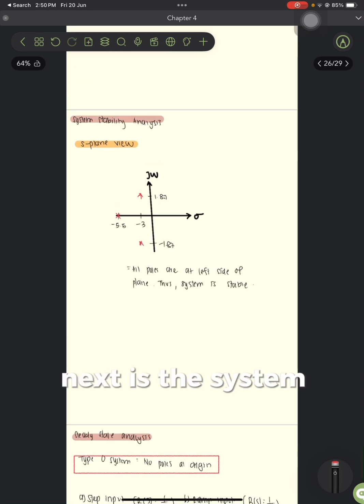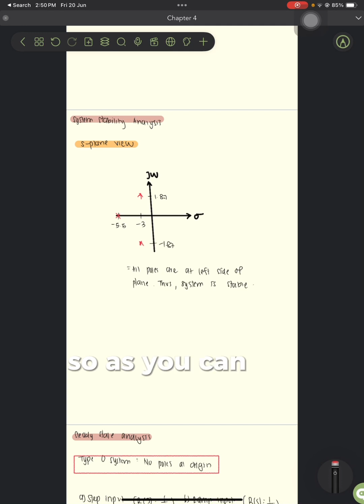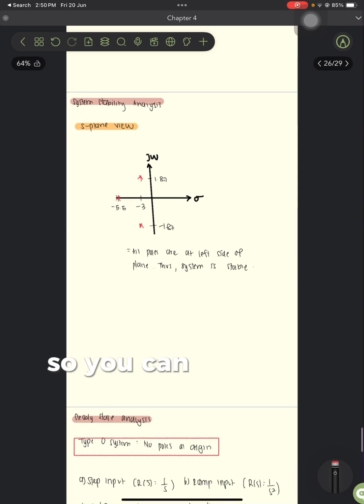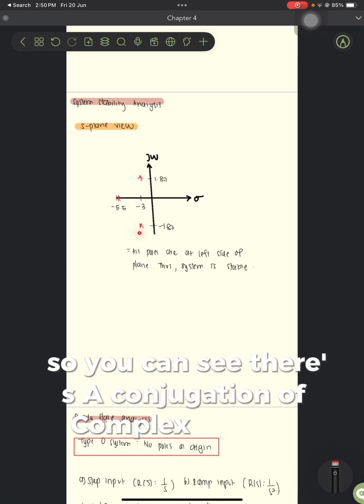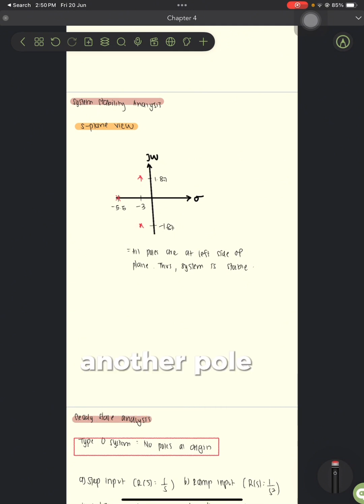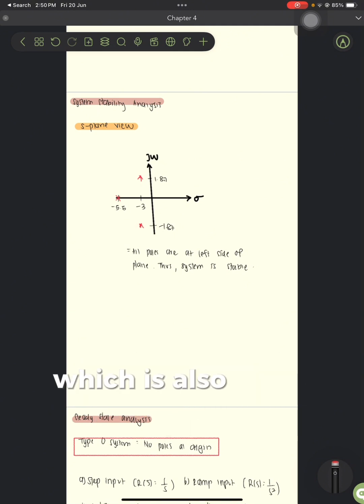Next is the system stability analysis. This is the s-plane view plotting for the equation, which is 40 over (s + 8.5) times (s² + 3s + 3.25). You can see there is a complex conjugate pair, which is in the left half plane, and also another pole at negative 5.5, which is also in the left half plane.